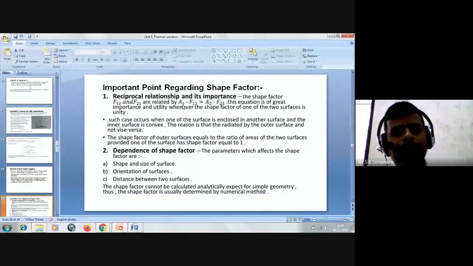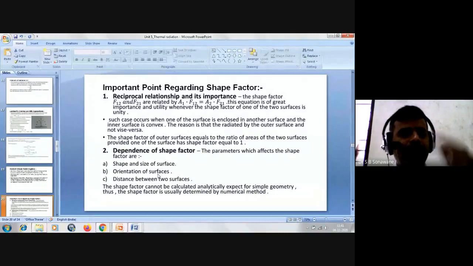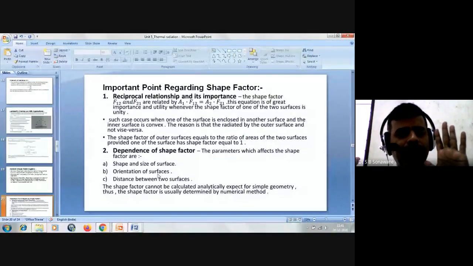Okay. So, dependence of the shape factor. Just now I told that the shape factor depends on the shape and size of the surface, because area is important. Then the orientation of the surfaces, how we have arranged them. We may have arranged them in the same plane or in a different plane, or making a certain angle, 45 degree, 25 degree, between the two surfaces.